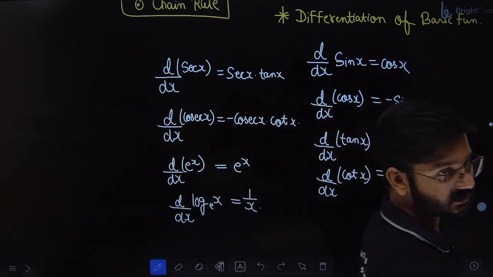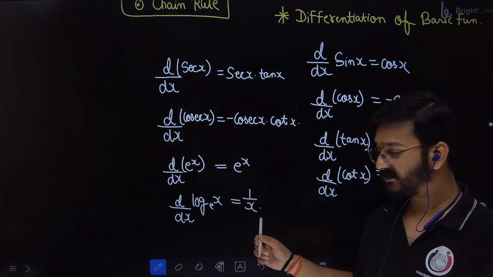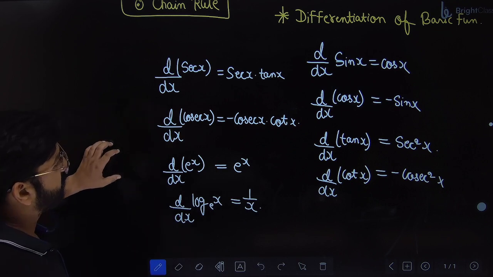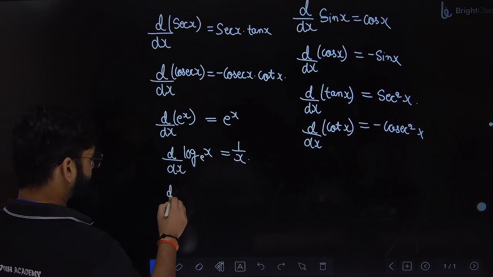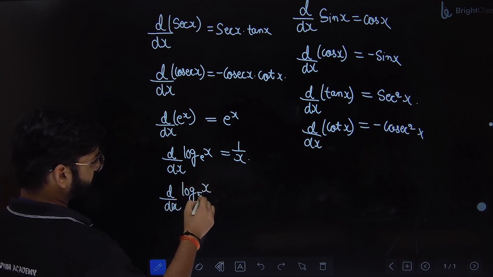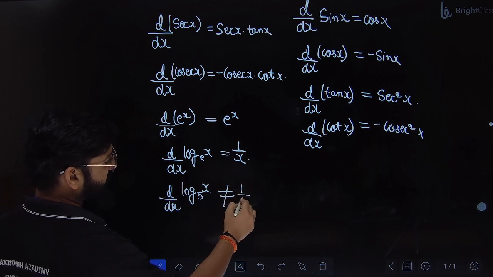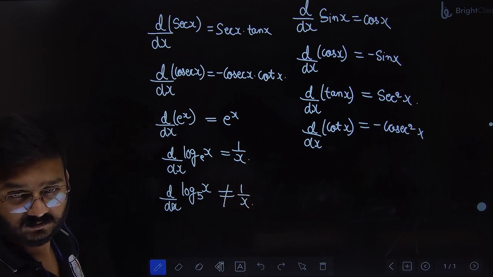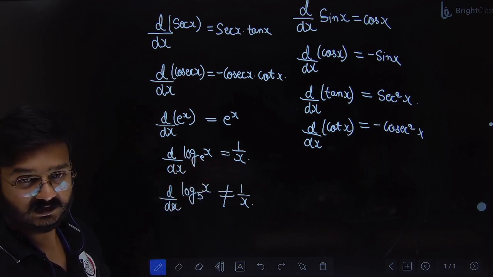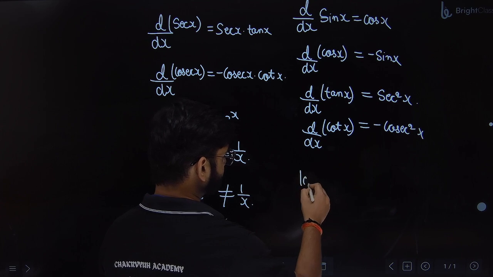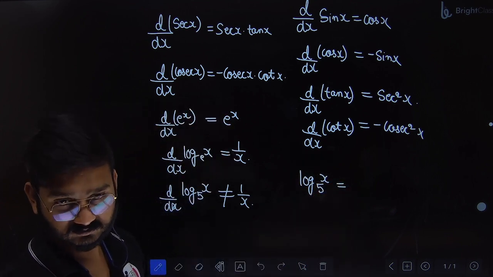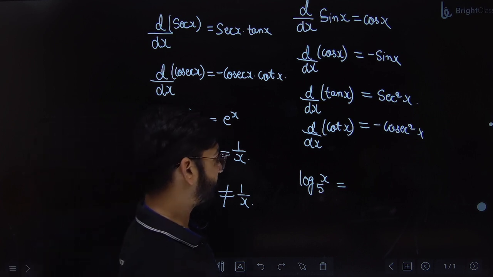If the base is not e, will the differentiation be 1 by x? No. How do we differentiate that? Suppose I ask you, differentiate log x to the base 5. The answer will not be 1 by x. 1 by x is only applicable for the natural log where the base is e. So first we simplify log x to the base 5 by using the base change theorem.